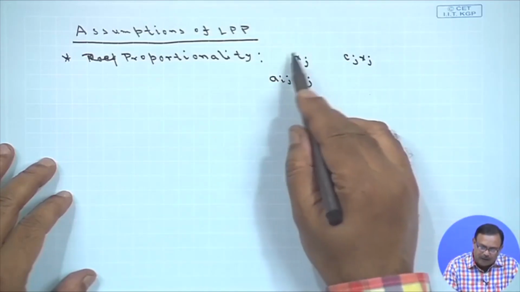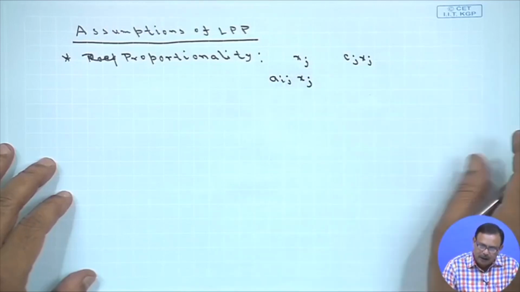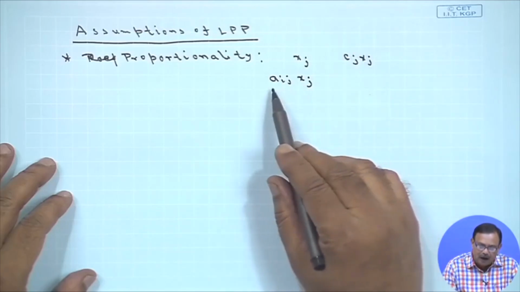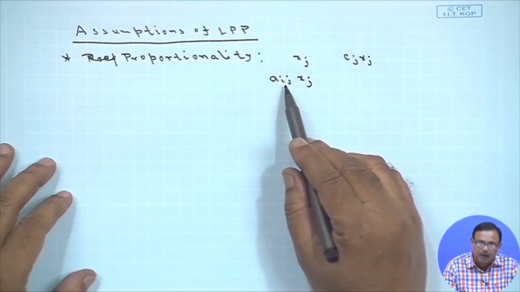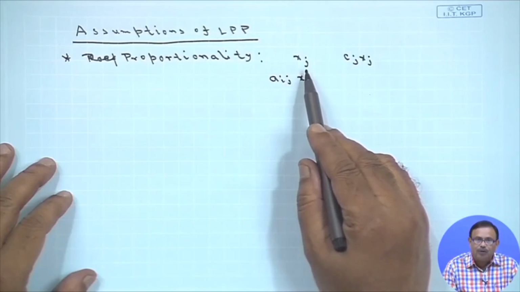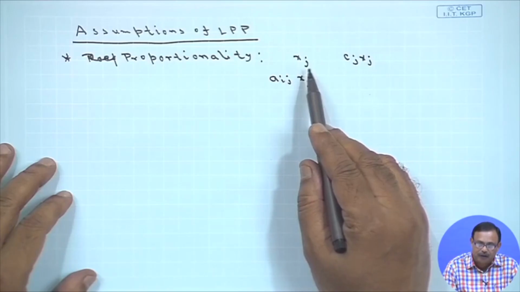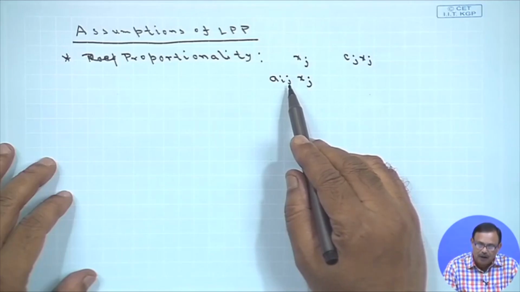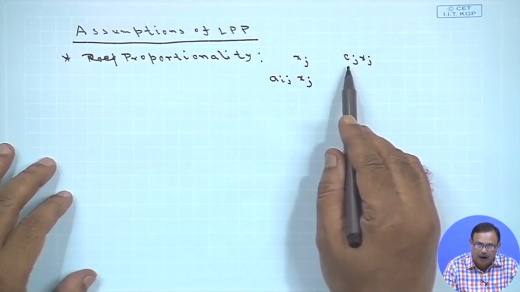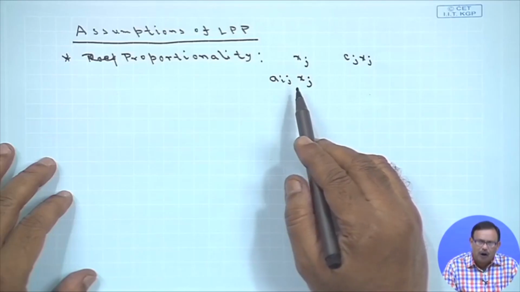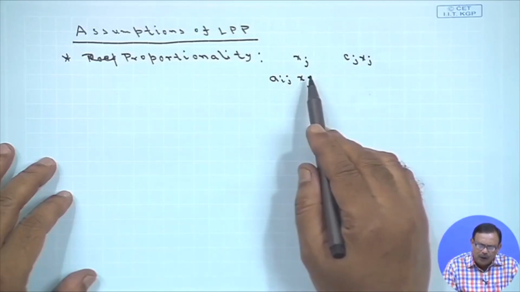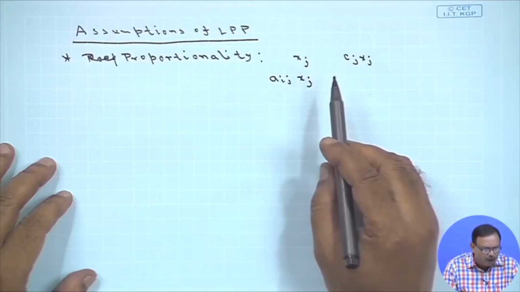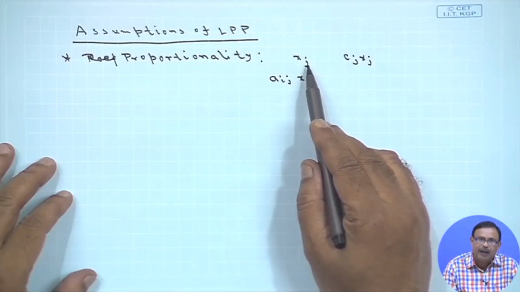So, basically a decision variable xj is connected with the objective function with the coefficient cj and in the ith constraint with the coefficient aij. Whenever the value of xj changes, there will be an effect on the objective as well as on the constraint. There is no need of giving extra weightage to this particular variable xj.